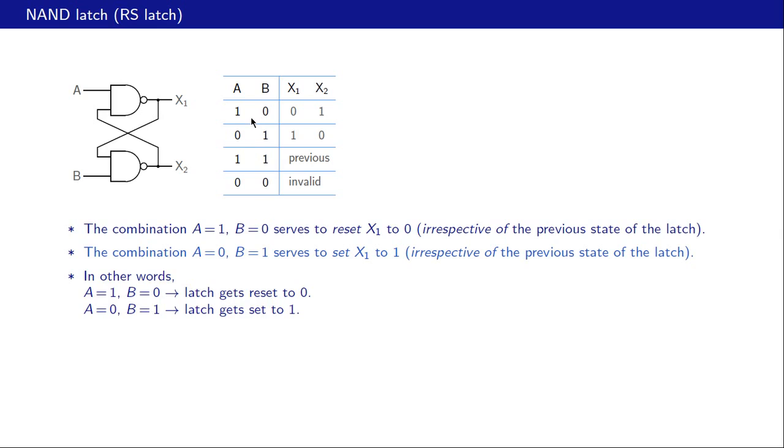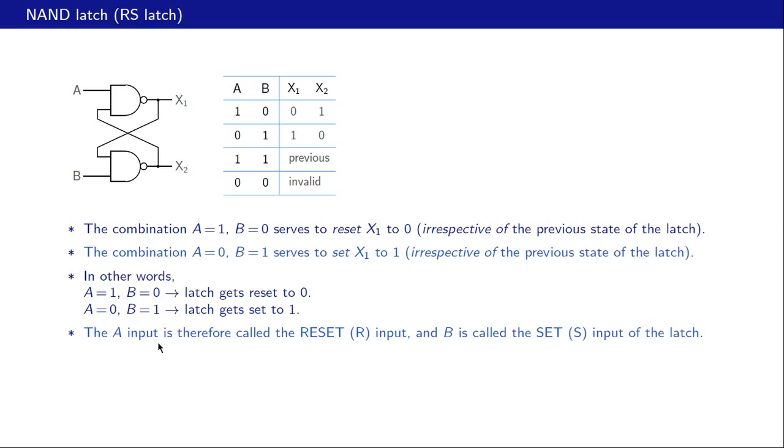This entry here, a equal to 1, b equal to 0, the output of the latch, which we will consider as x1, is getting reset to 0. And with a equal to 0, b equal to 1, the latch gets set to 1. This entry here, a equal to 0, b equal to 1, and the latch output, which is x1, is now getting set to 1.